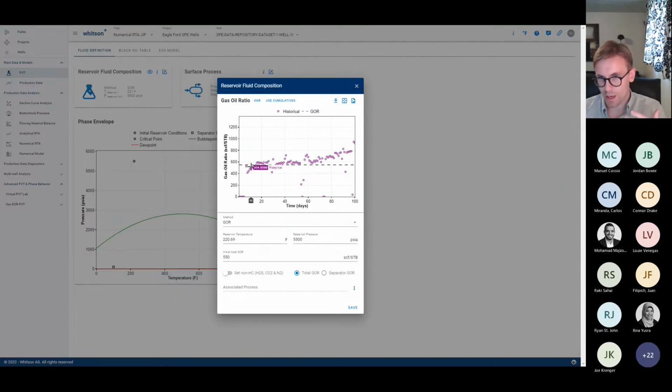What should the GOR be based on this early production data? You have some very early production data here that's like 400 or 500, but it kind of stabilizes here before we see that probably below the saturation pressure, it starts to shoot up late time. So maybe here I would pick something close to 600 and save it.